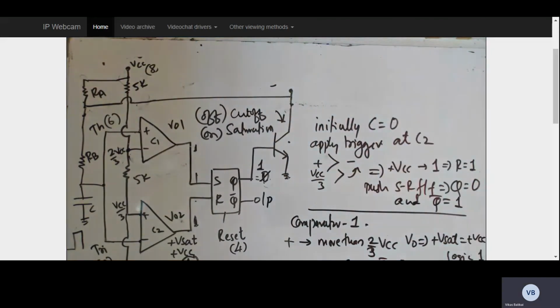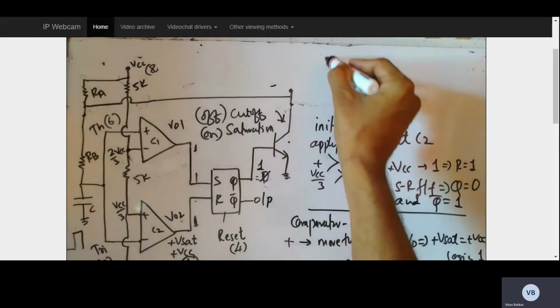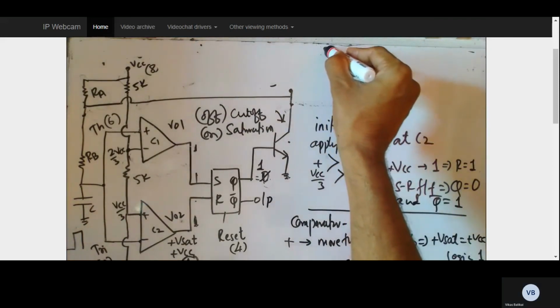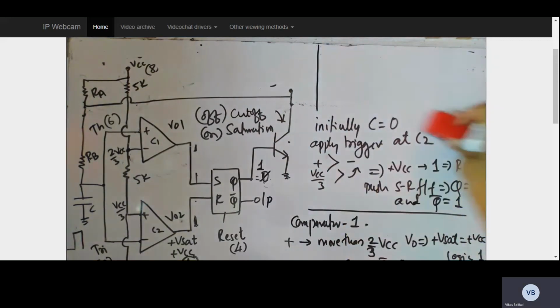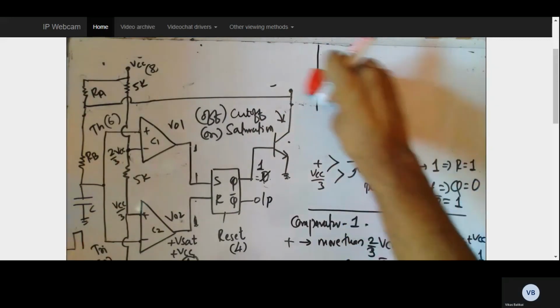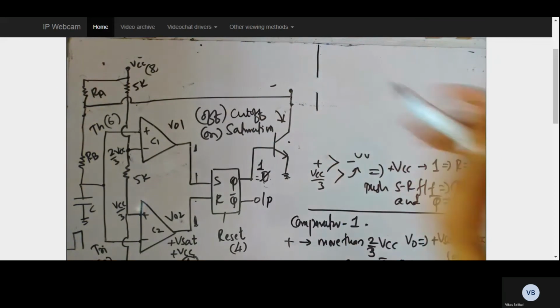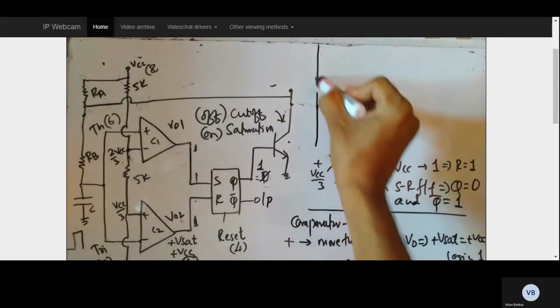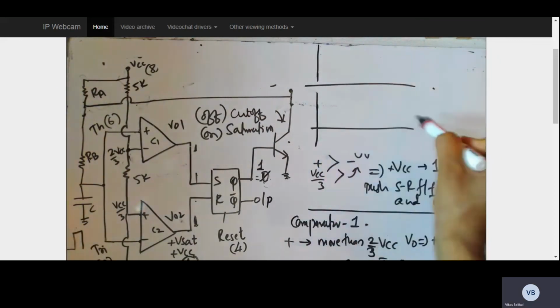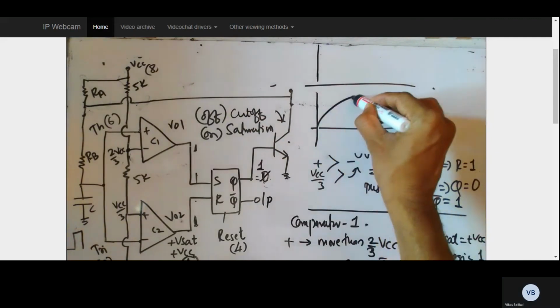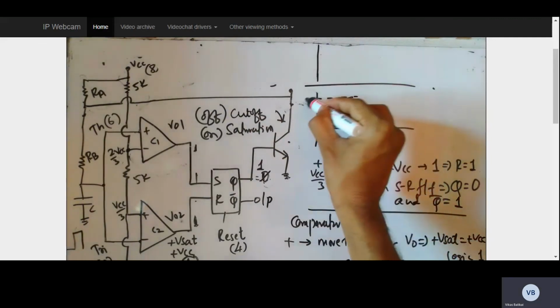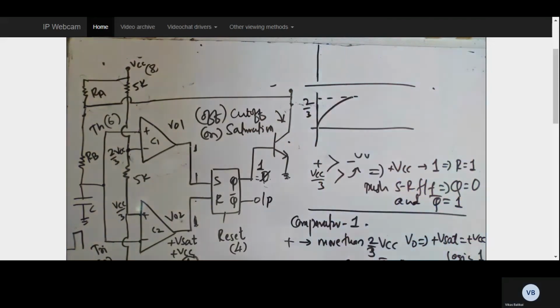So this is basically the behavior of my capacitor. Now if I draw the waveforms of this particular IC, this charging and discharging action, I can draw the waveform something like this. Charging will go from 0 at time equal to 0 till 2 by 3 VCC.